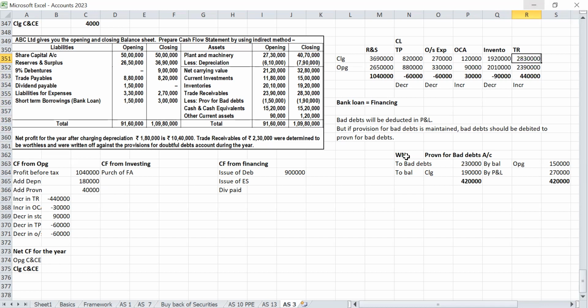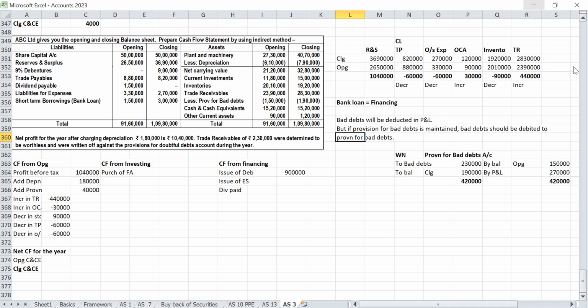It should be 28,30,000 plus 2,30,000, like that, 30,60,000. You should consider it like that. That is all confusing, so you ignore it. This will be the easiest way to understand. Right, then next.